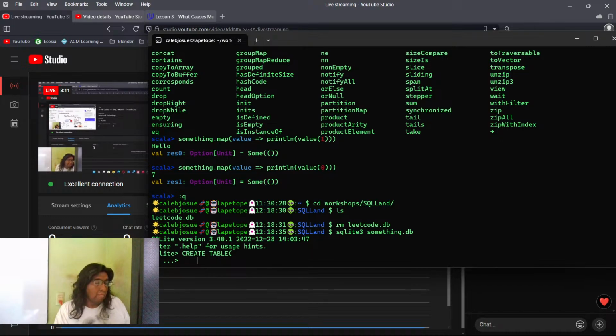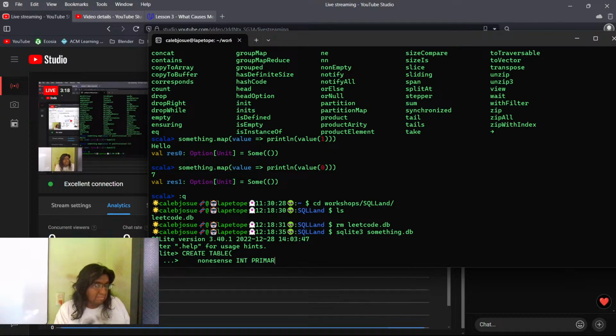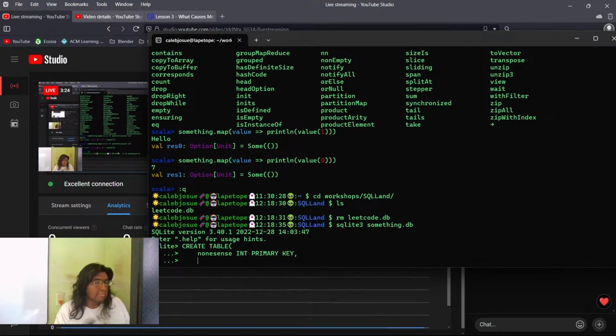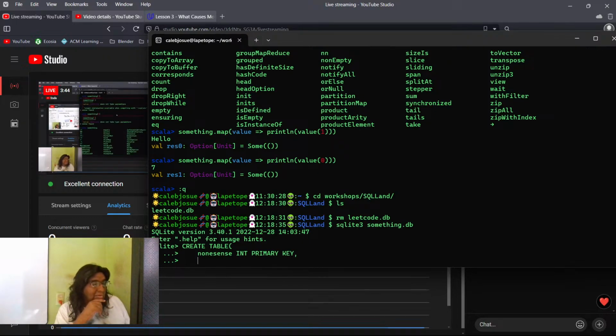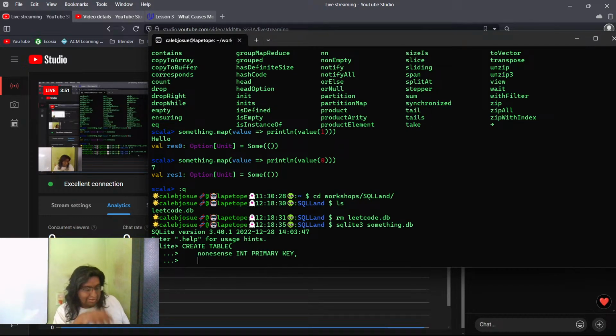Type int primary key. What can we design on the fly?